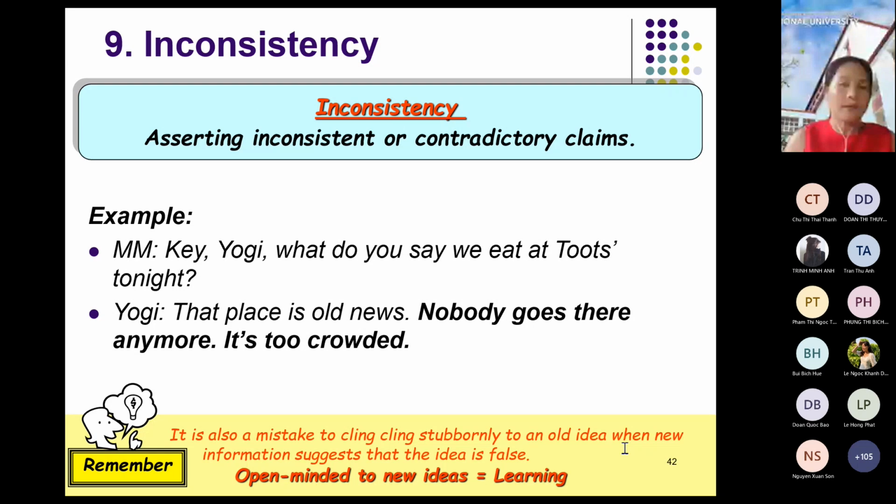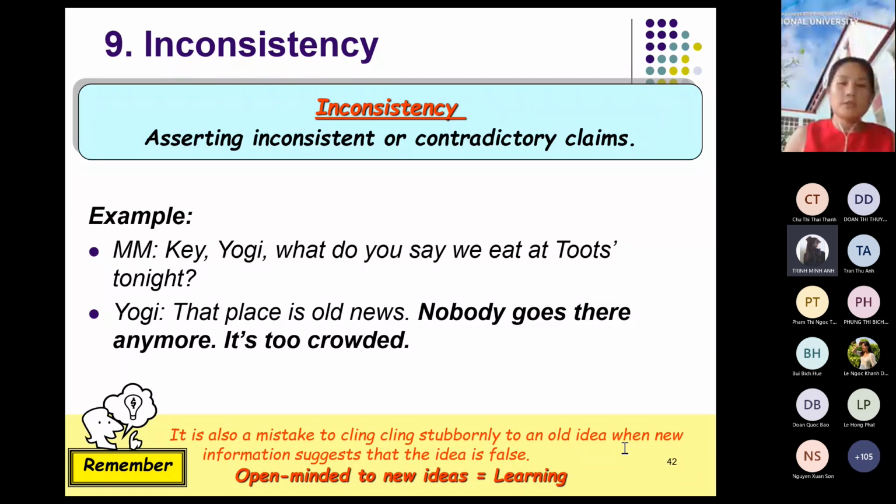And here we saw 3 reasons, 3 claims he provides. Mina? The reasons that he provides contradict each other. Like, he said that nobody goes there, but the next one said that it's too crowded. So it doesn't make sense.